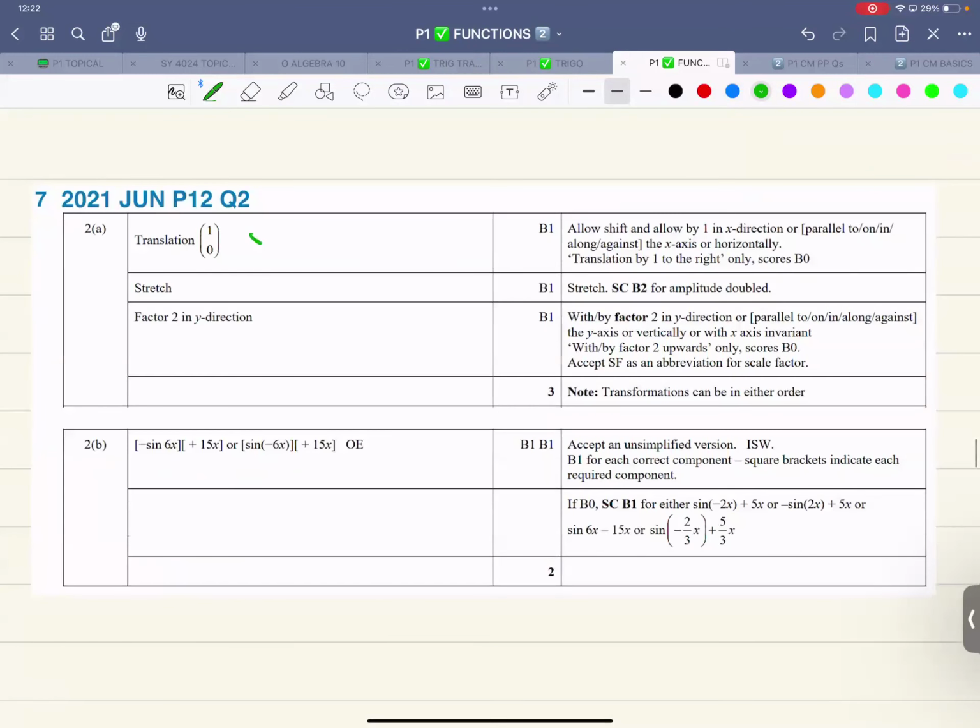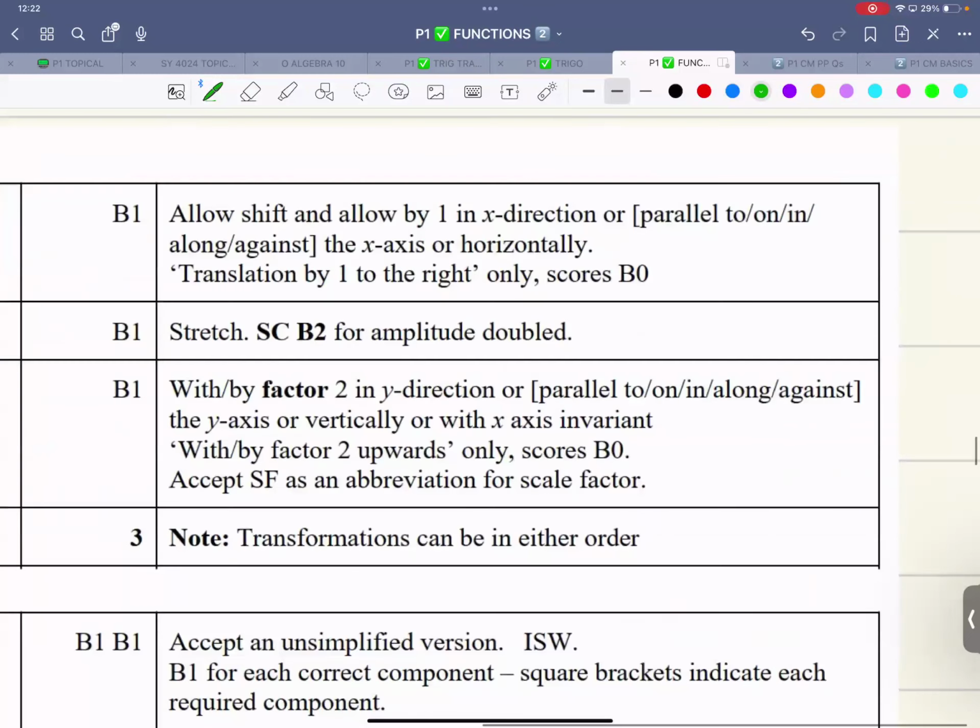Let's double check. Scale factor 2 in the y direction. This also allows shift along x by one, in the x direction, parallel to, parallel along.